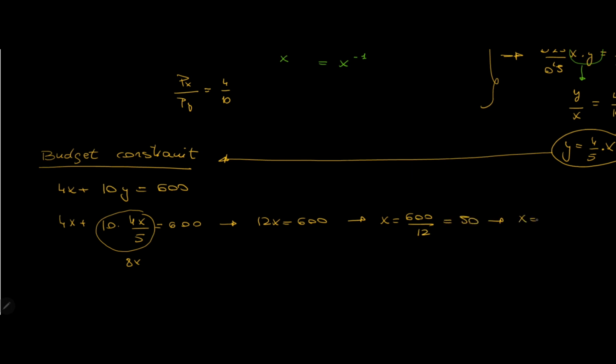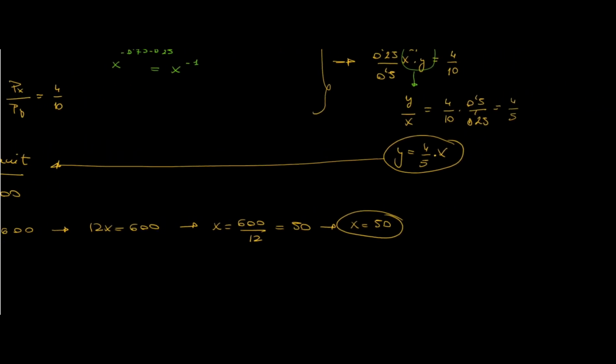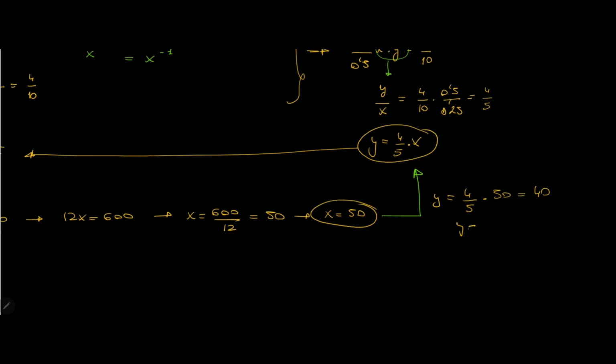And I have the first coordinate of my point, that is x equals 50. Then I substitute into the relation between x and y, and I get that y equals 4/5 times 50, which is 40. So y equals 40.